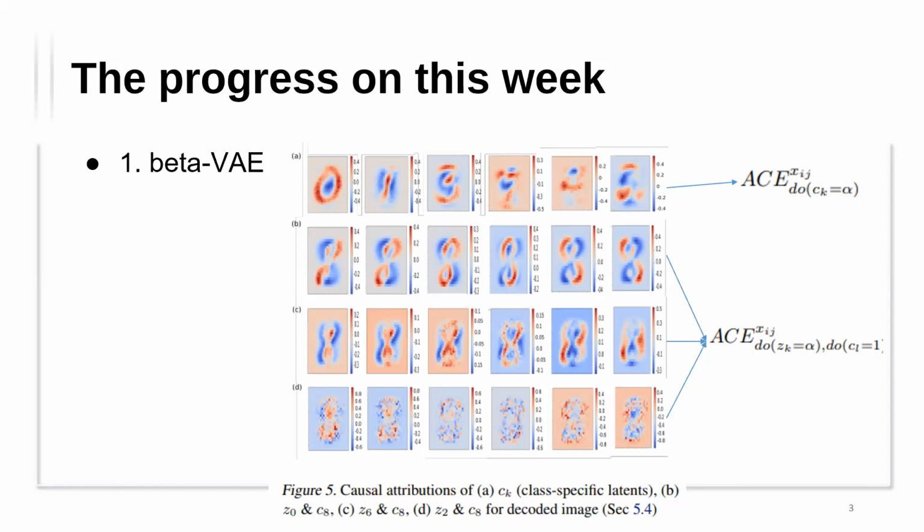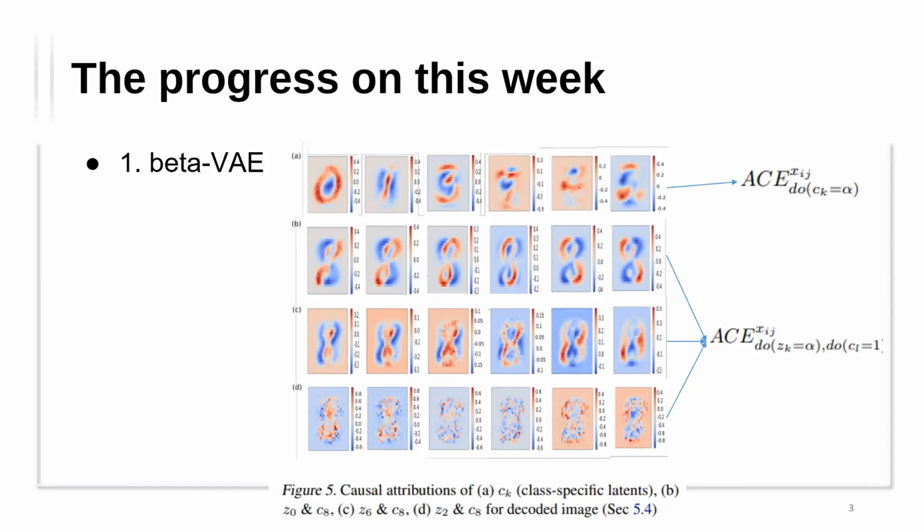For example, if your beta VAE model is trained on human faces, they would make sure each dimension represents, for example, skin color, or gender, or your expression, whether you are smiling or crying. So each dimension in the latent space would only represent one generative factor.